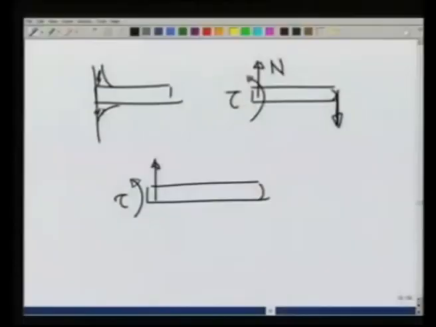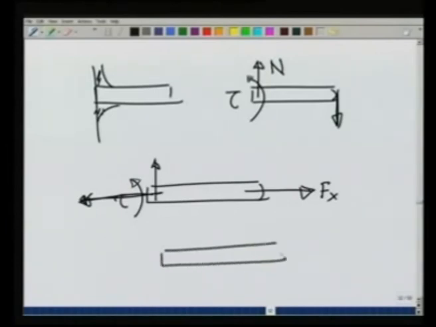We have not considered the x component of the force so far. Obviously, if I pull this thing by a force Fx, the built-in system or the glued system also generates a force in the opposite direction because the thing does not come out. Therefore, the complete picture: a built-in support system or a welded system is capable of generating a torque, a vertical force and a horizontal force, and this is how we represent a built-in or glued system.